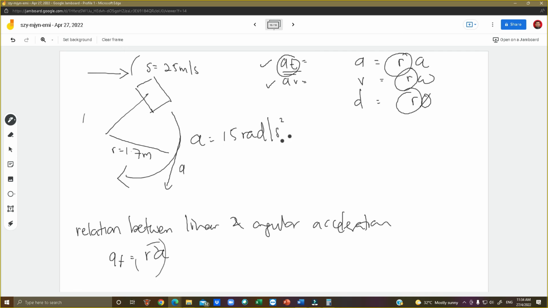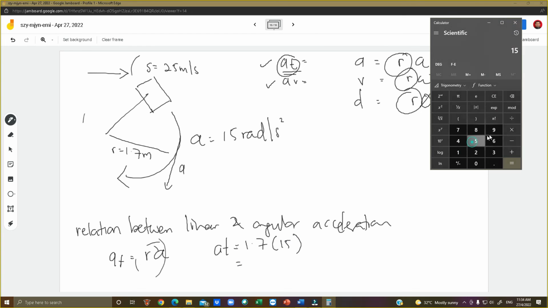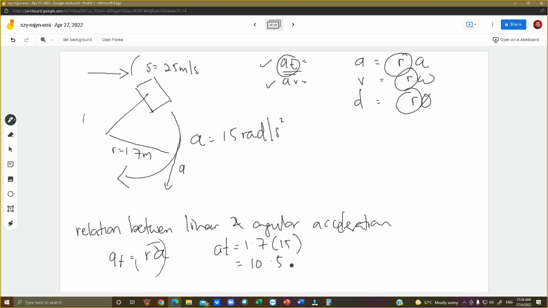So AT equals to tangential acceleration equals to R dia berapa? 1.7, alpha dia 15. Direct kali 1.7. Kita dapat 10.5 apa? This is AT.